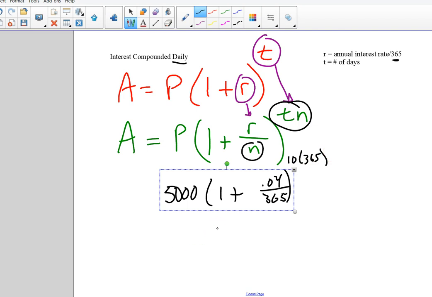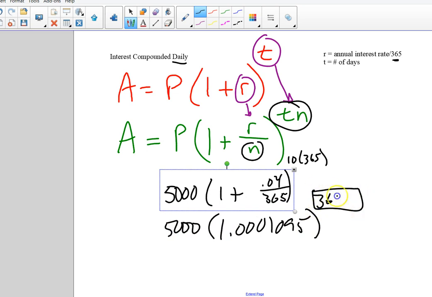So if I do 0.04 divided by 365, I get a really small number, plus 1, I get like 1.001095. But now when I raise that to the 3650, it's going to be a much larger number.